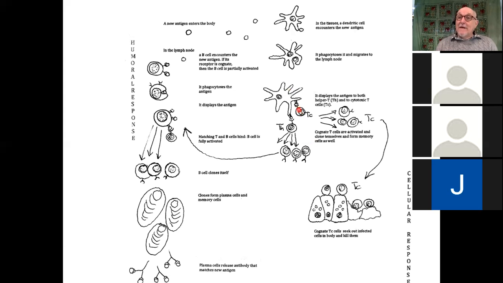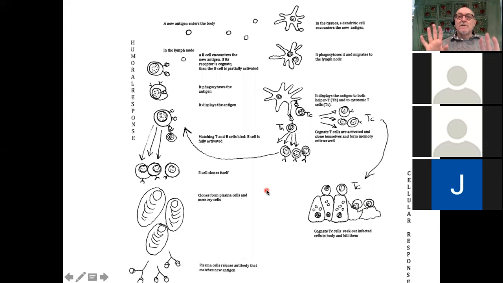If that receptor recognizes this epitope and binds to it, the cytotoxic T cell is activated, clones itself, leaves the lymph node and goes into circulation, and now goes out and seeks out cells which are infected, which are displaying exactly the same epitope. If it sees a cell that's doing that, it will kill it. And so we've got two things. This is called the cellular response.